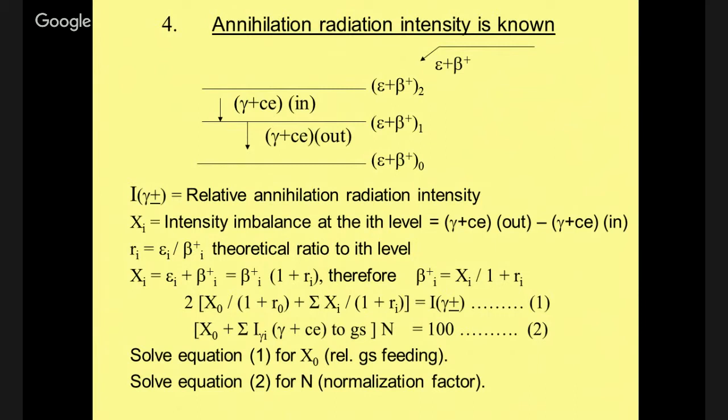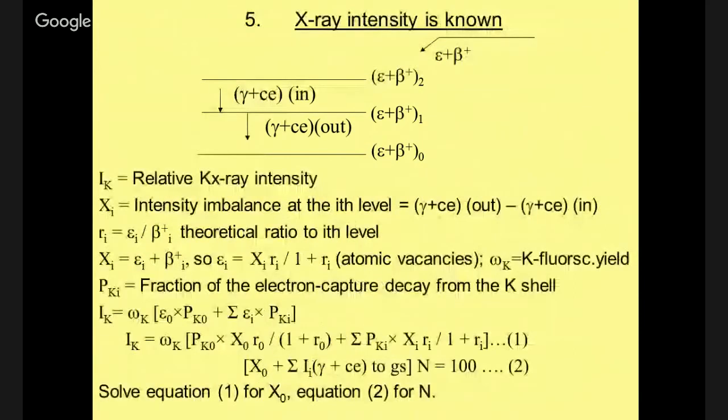And something similar happens with the X-rays. If you have the K X-ray intensity, and from a decay of electron capture plus beta plus, and you know, as usual, the ratio between electron capture and beta plus from theory, and you know the transition intensity balance, you can calculate how much is the feeding to the ground state.